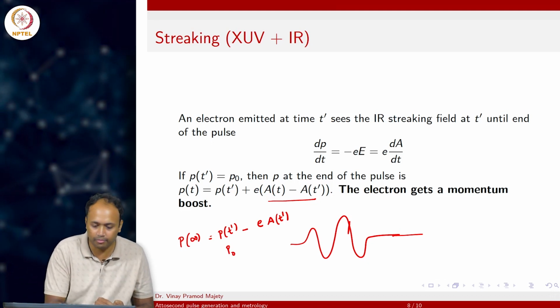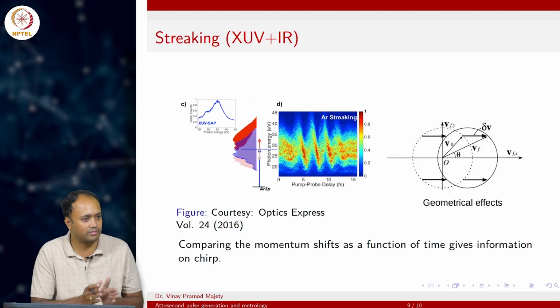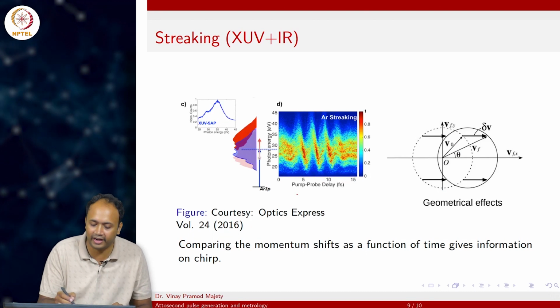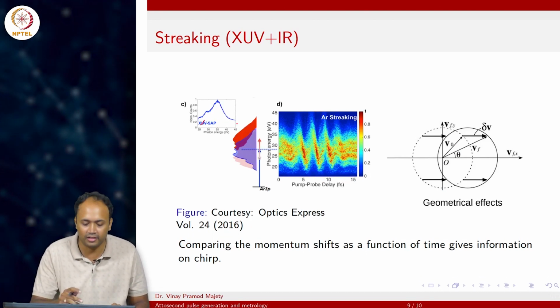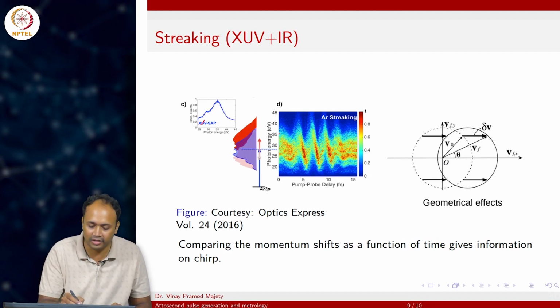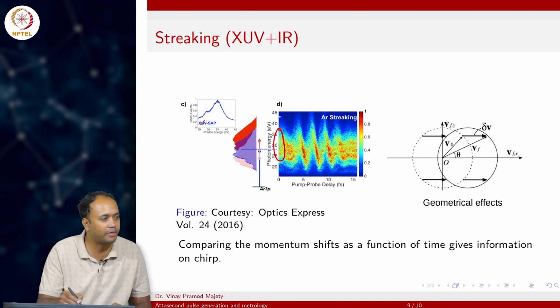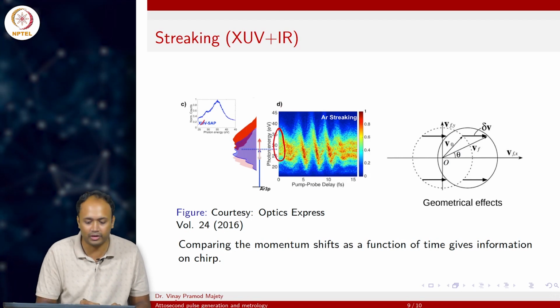Now you have this broadband pulse, and you again scan through the delays, and you see that initially I have a blob like this in my photoelectron spectra, and this blob keeps shifting as a function of time. So let us say at some initial time I have photoelectron spectra like this, which is spread over 25 to 35 eV in this particular example.